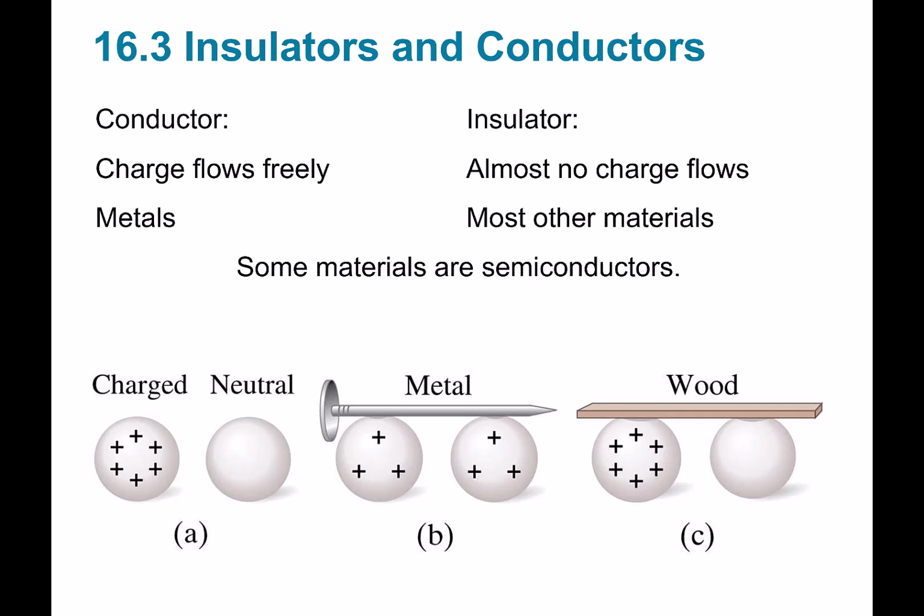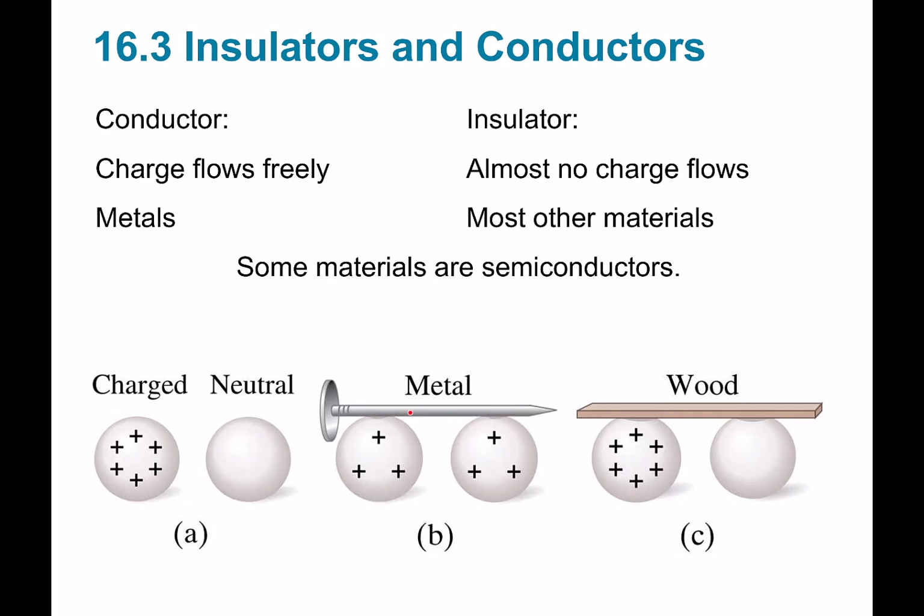There are two types of conductors, as we already know. Suppose we have two metal spheres, one highly charged and the other electrically neutral. If we now place a metal object such as a nail so that it touches both spheres, the previously uncharged sphere quickly becomes charged because there's a transfer of electrons.